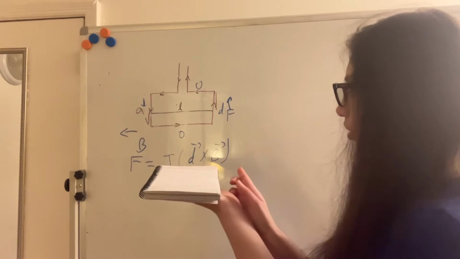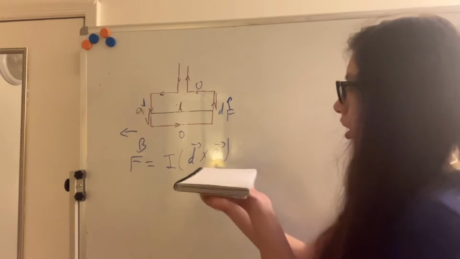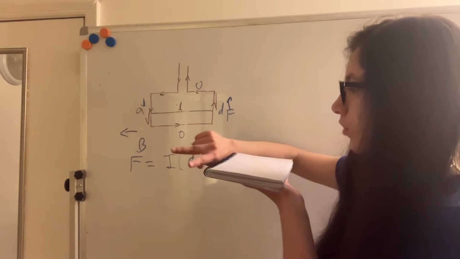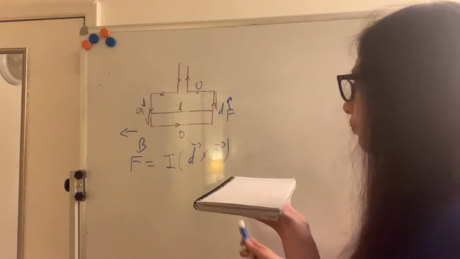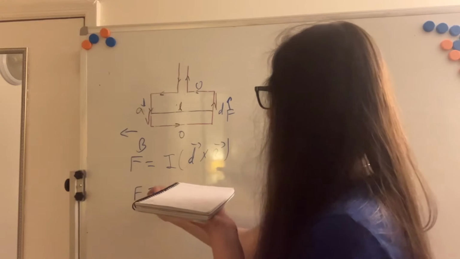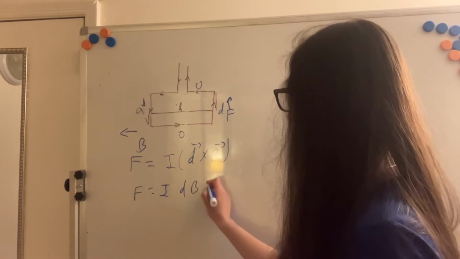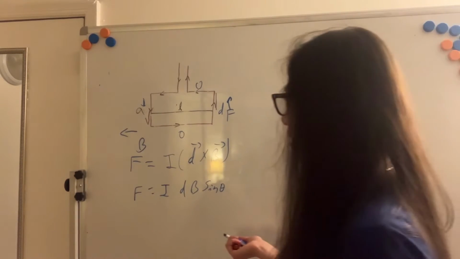So in this direction, the magnetic field is in that direction, so the force is upward. Here the direction of the wire is in this direction, this is the direction of the magnetic field, and so the force is downward. So the force would be I times D times B sine theta, and in that case the sine is 1 because it's a 90 degree angle.